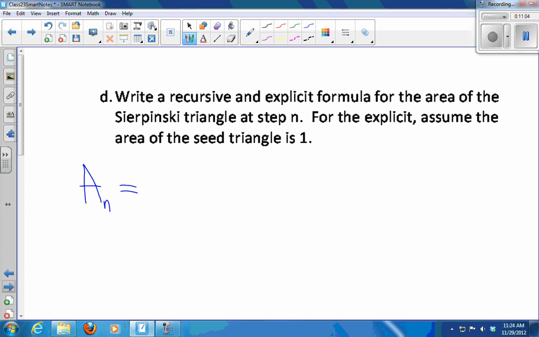Yeah, I heard a couple people say it. The area at the previous step, which we denote a sub n minus 1, times 3/4.